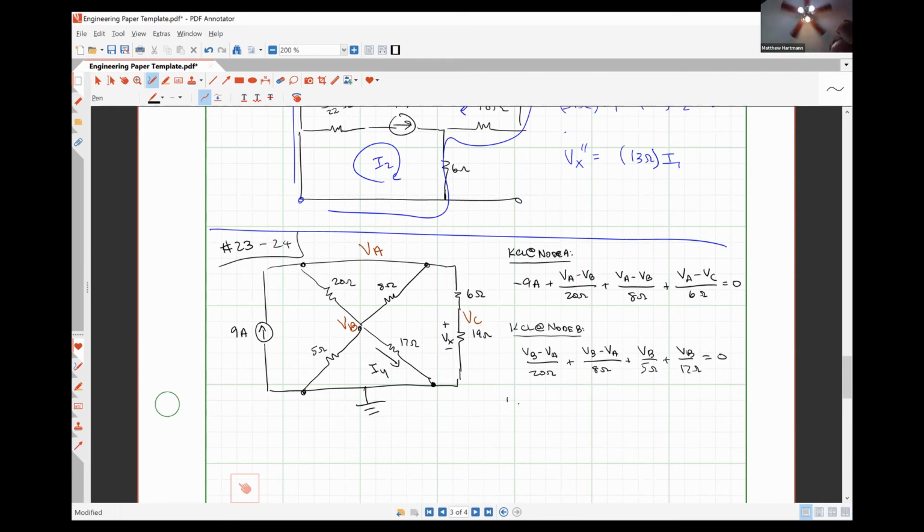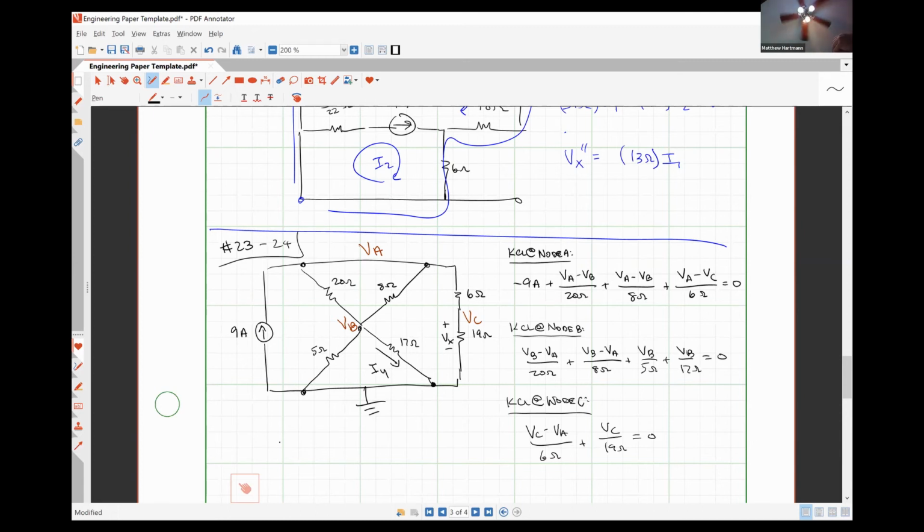And finally, KCL at node C. I'm going to have VC minus VA over 6 plus VC over 19 is equal to 0.